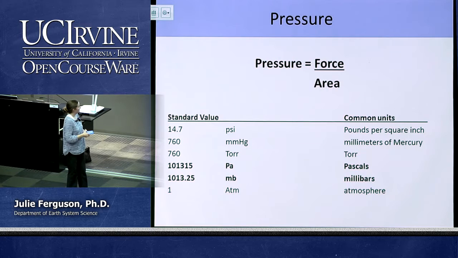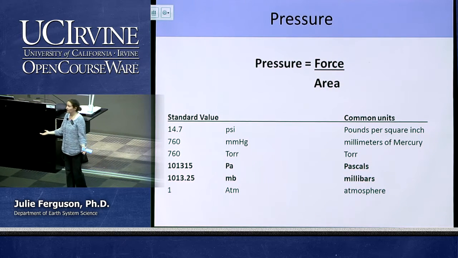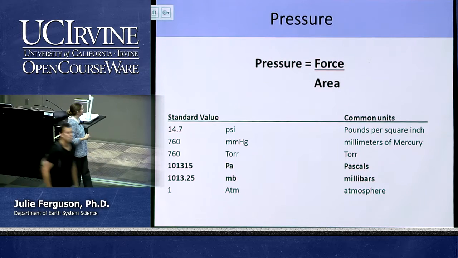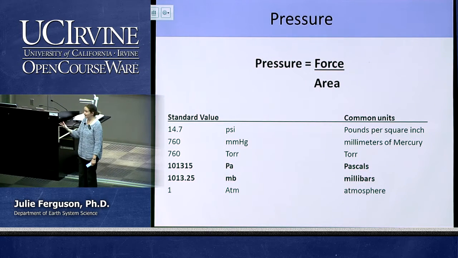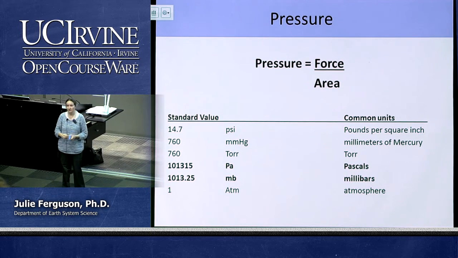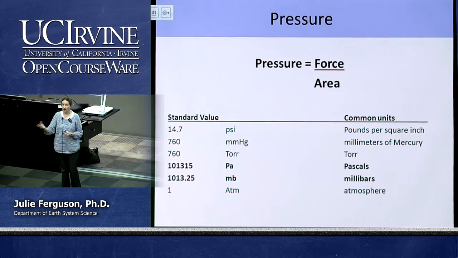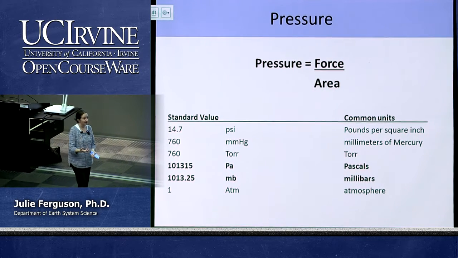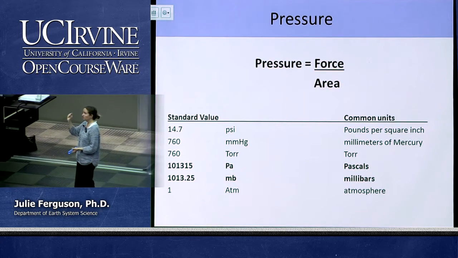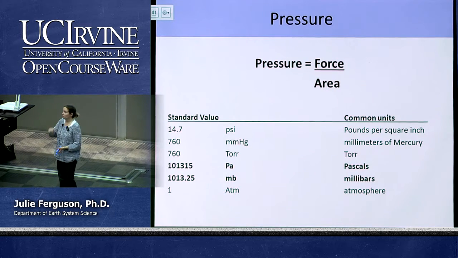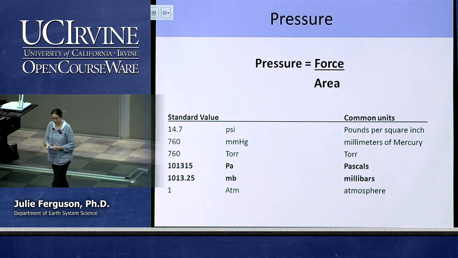Torr, pascals, millibars, and we are at 1 atmosphere here on Earth, and that's more useful for when we're looking at other planets. So really the two that you're most likely to see from maps that I give you in homeworks or whatever else are pascals and millibars, okay? So just be aware that there are these different units, and so if I'm asking you to do things like calculate pressure gradients, make sure you look at the legend of the map and see what unit is being used, okay?